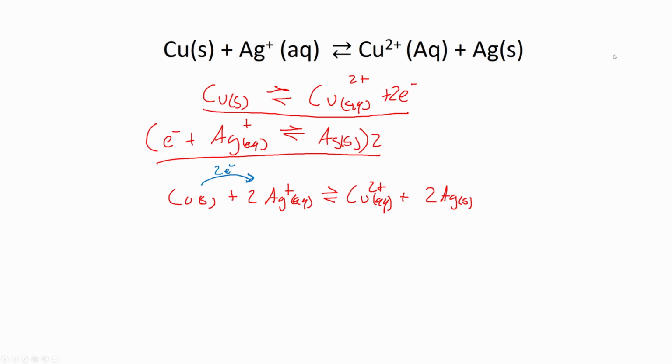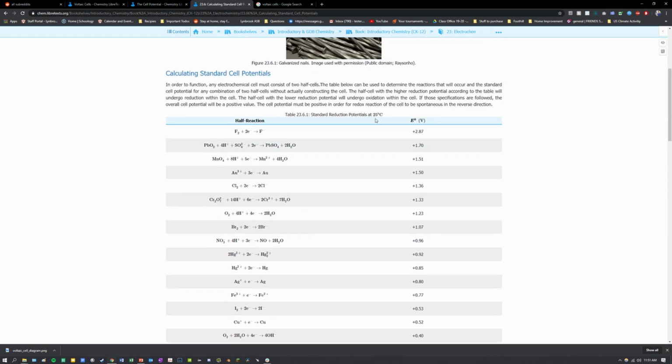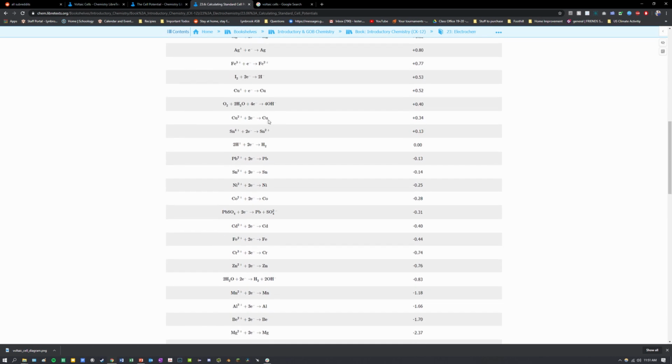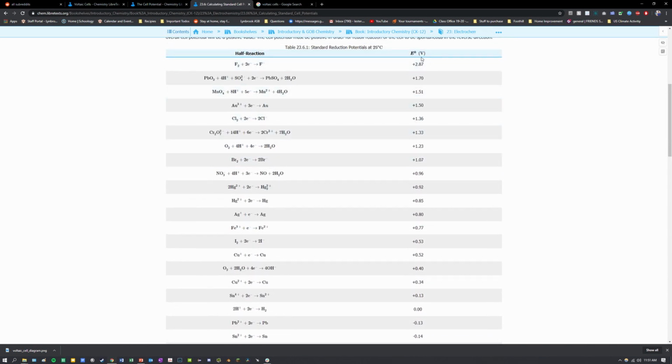The cell potential chart looks a little bit like this. In the cell potential charts, we see that there are a bunch of half reactions shown and potentials in voltages if all ions are 1 molar.